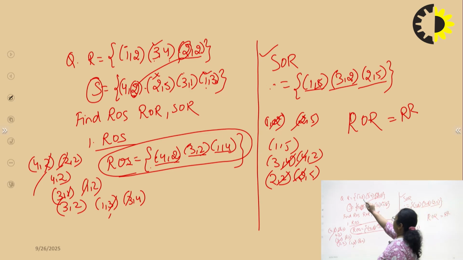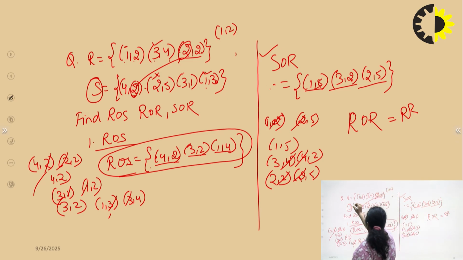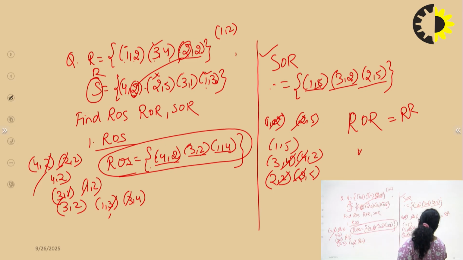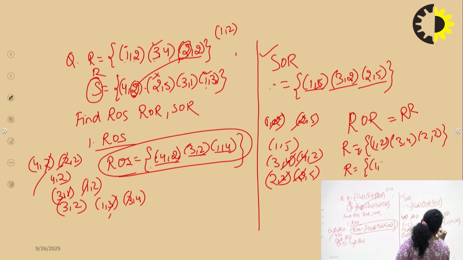If we take R 2 times, write it again: R is (1, 2), (3, 4), (2, 2). Again R is (1, 2), (3, 4), (2, 2).